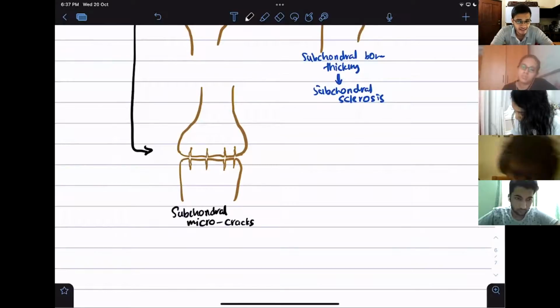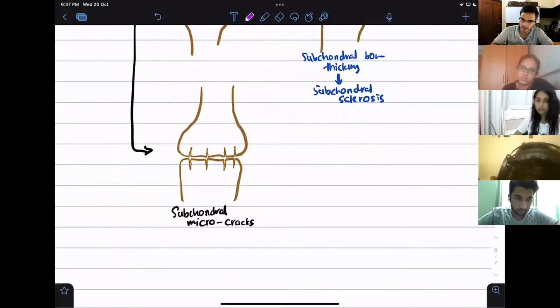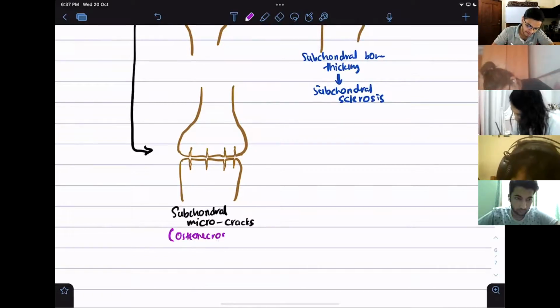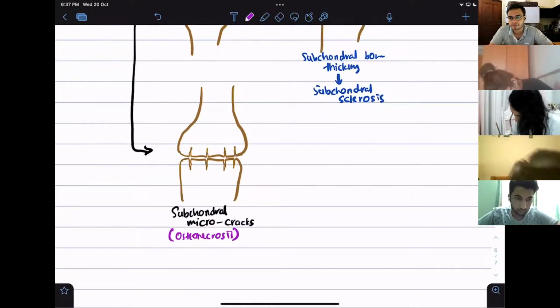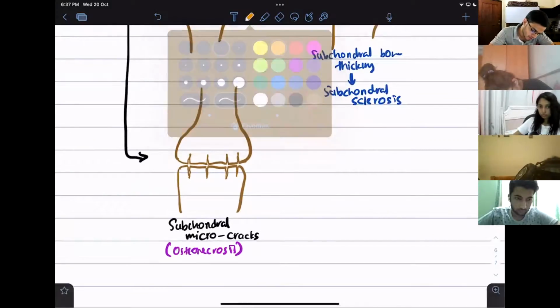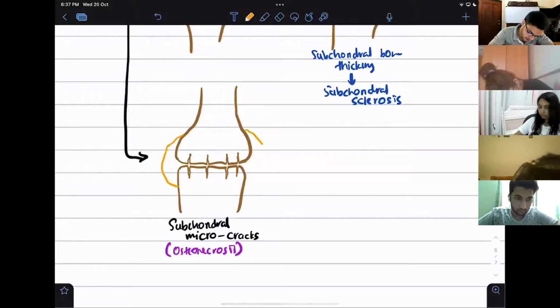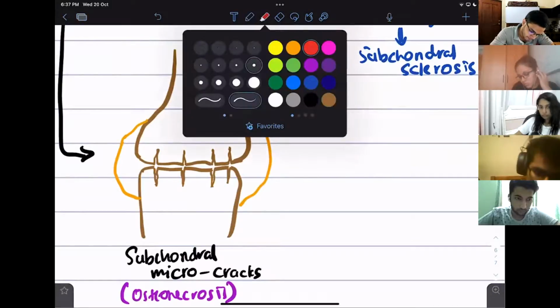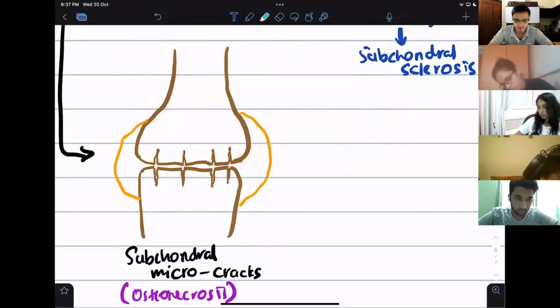And if the disease is advanced, you can write it in brackets: in advanced cases of osteoarthritis, you can even see osteonecrosis in these areas. Now you all know surrounding this joint is our synovium, and within the synovium is the synovial fluid.